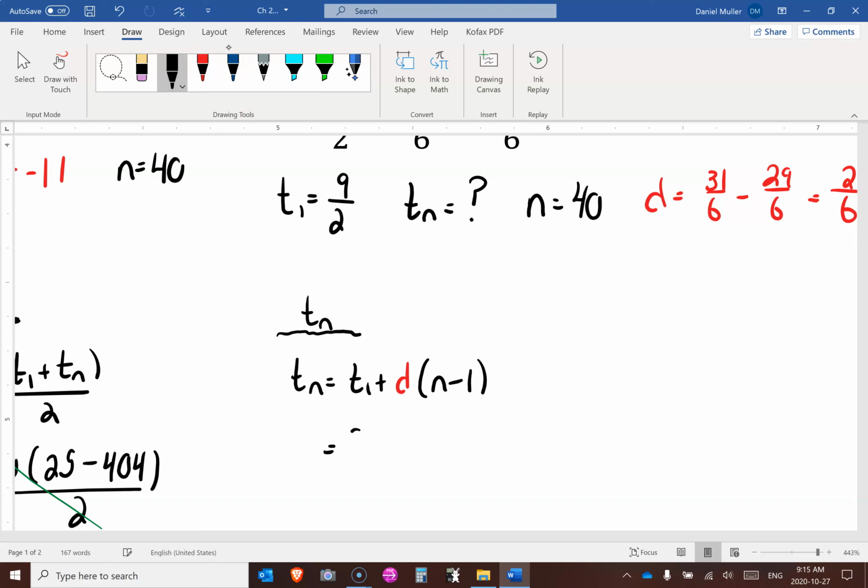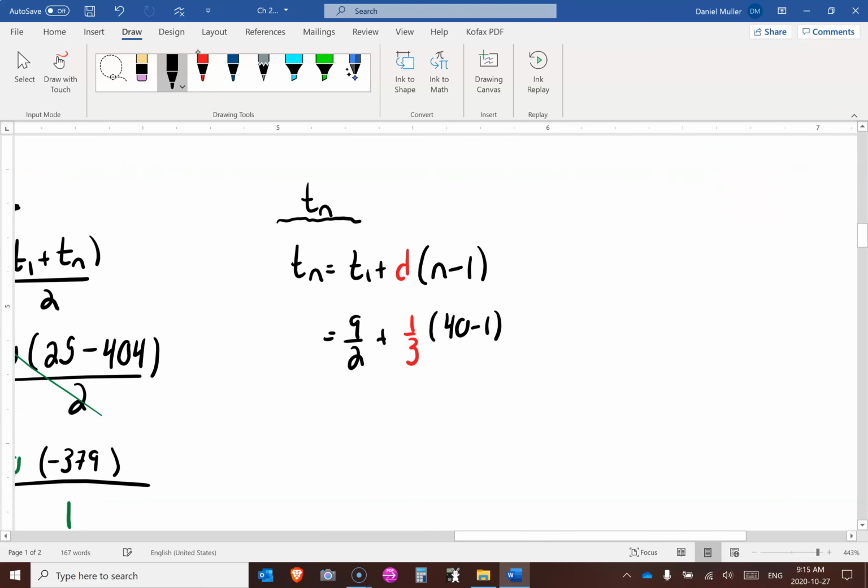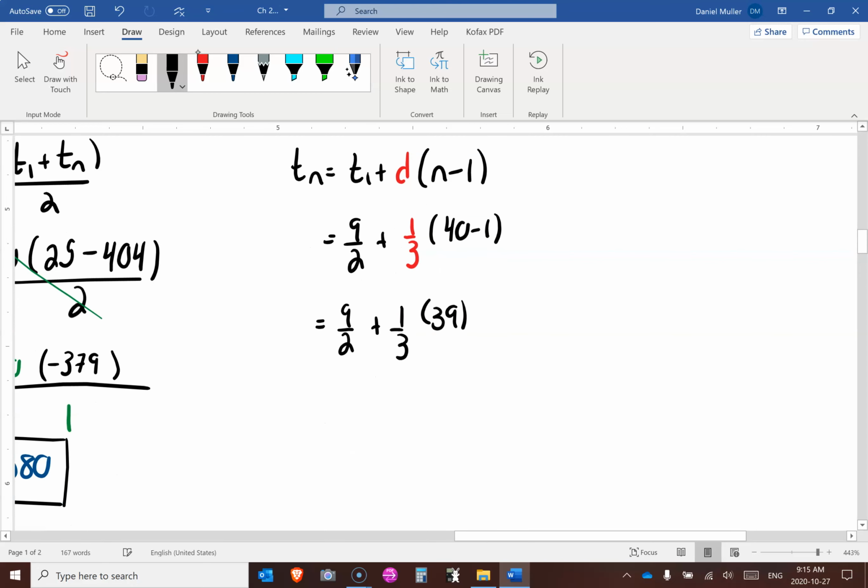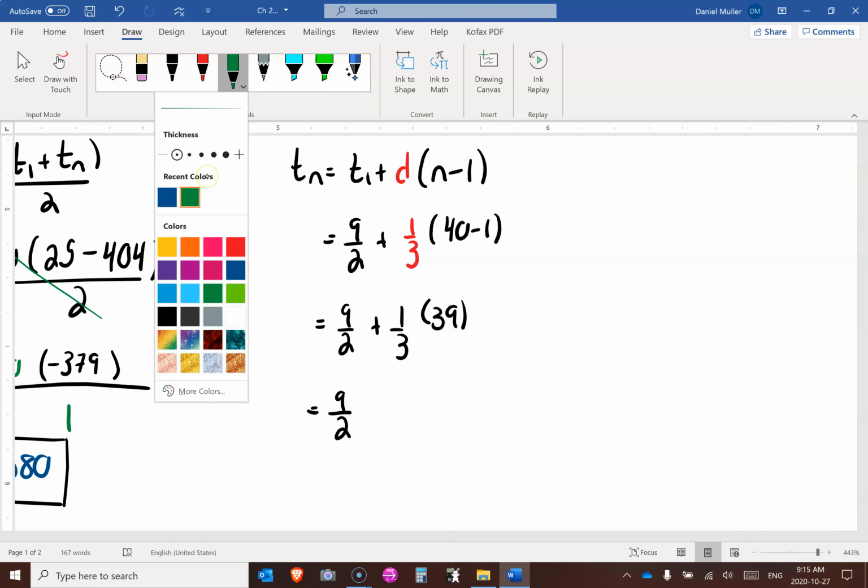So what's T1? 9 over 2 plus a third times 40 minus 1. So I guess I have a 9 over 2 plus 1 over 3 times 39. And then you can just multiply this. This is a 39 over 1.